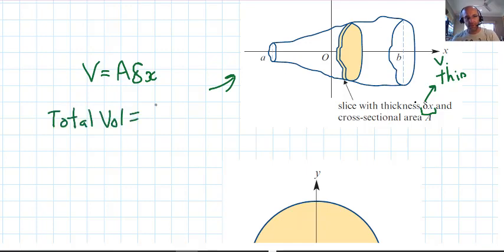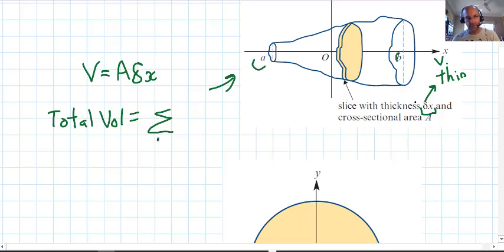So we could use sigma notation for the total volume, which would be all of those slices together. So from a through to b, using our sigma notation, x equals a to x equals b, it'd be all the cross-sectional areas A times all of the delta x's.